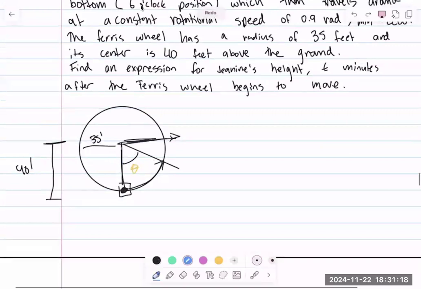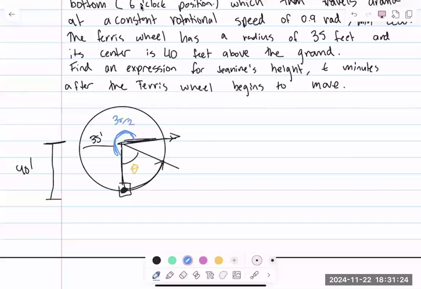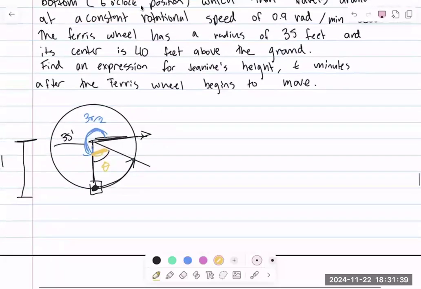The first one is the one I would probably use, and it's knowing that this is 3 pi divided by 2. This angle measure is 3/4 of a full rotation, so 3 pi over 2. So whatever angle we make from 6 o'clock counterclockwise, this yellow part right here, we're going to have to add that to 3 pi over 2 in order to use in sine or cosine.